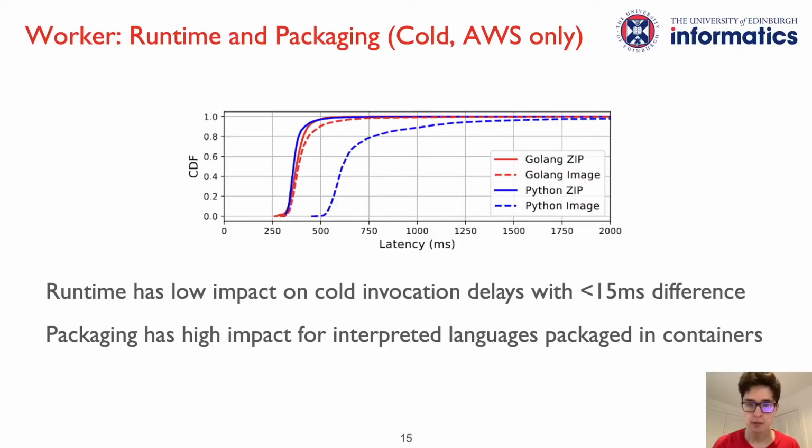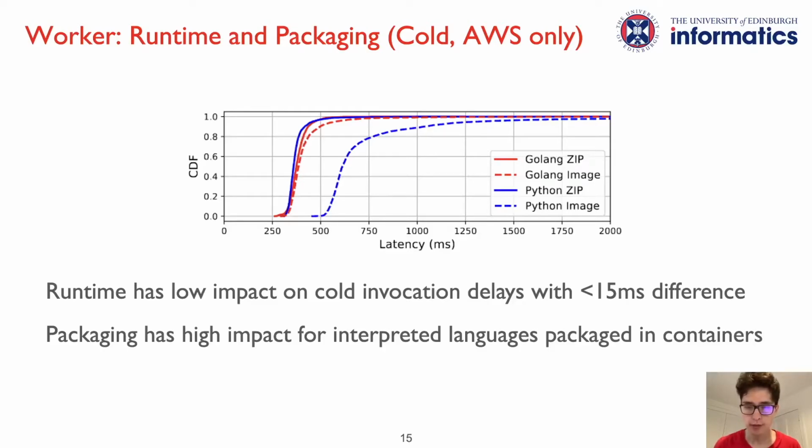We think that this is because Python imports modules dynamically, requiring on-demand accesses to multiple distinct files in the function image. When combined with a container-based deployment method, we hypothesize that this results in multiple accesses to the underlying storage with the function image, because in AWS, containers support splintering and on-demand loading of image chunks.